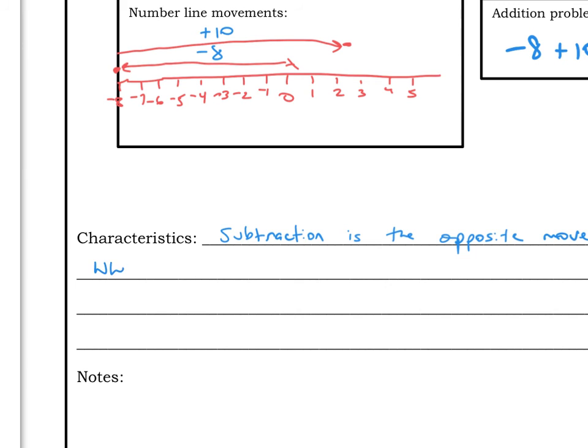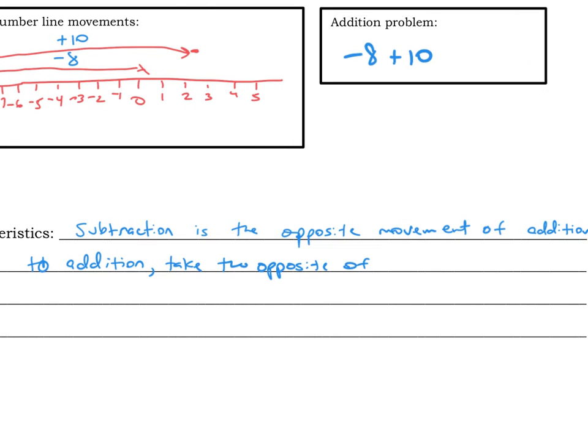So when changing to addition, take the opposite of the second number.